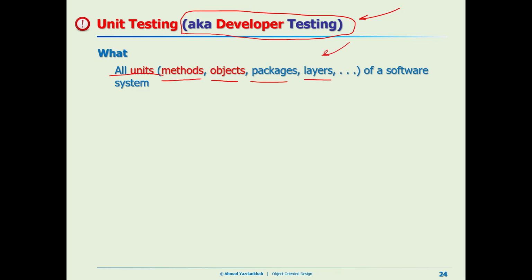All of these are called units, right? And probably we mostly focus on the methods, but since objects and packages and layers, etc., are also units of the software, we can, as developers, test them as well.